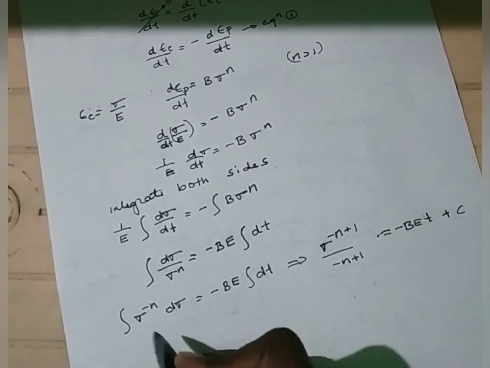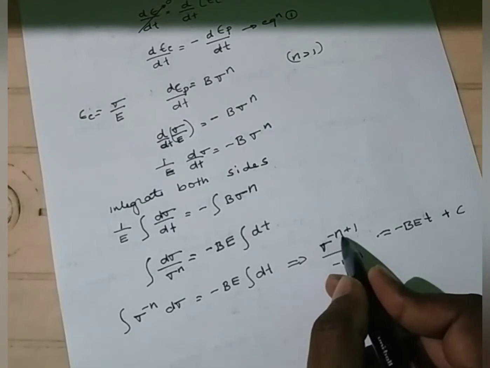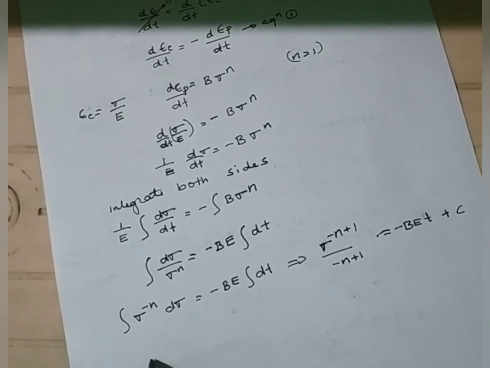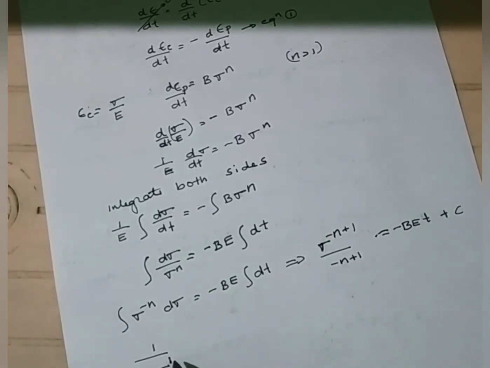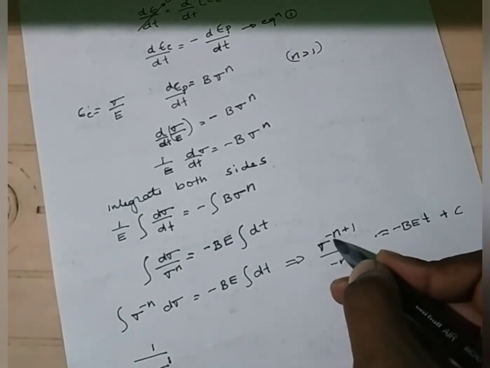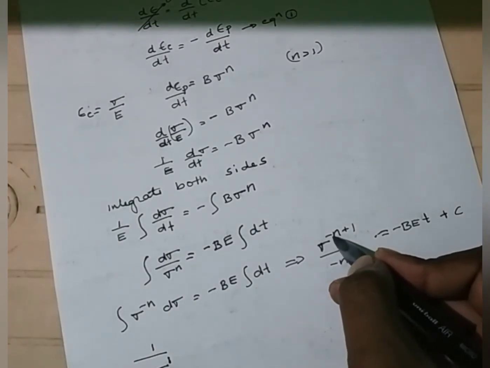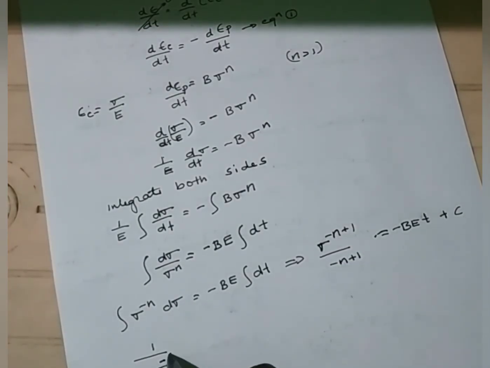Now bring the sigma power minus n plus 1 to the denominator. It will become sigma power 1 minus n, over minus n plus 1.